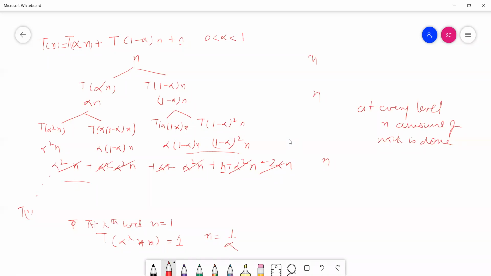We have to calculate basically k. So what is the depth here? This we have to calculate.